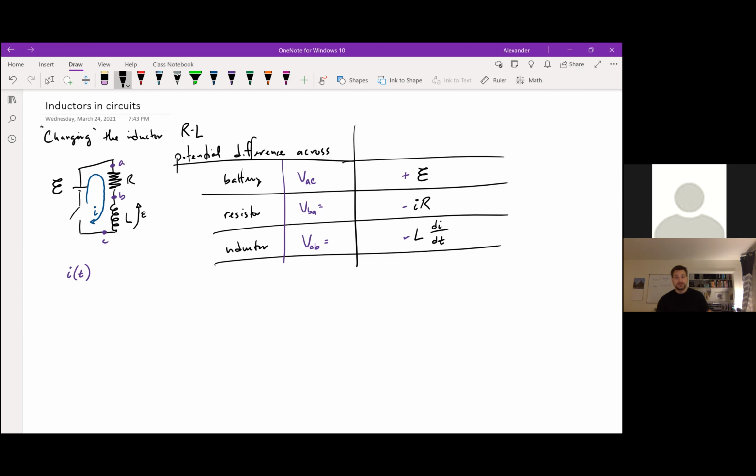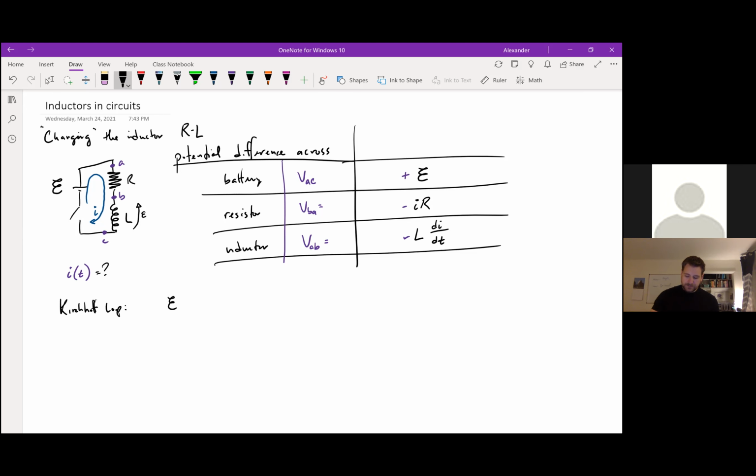Okay, so let's apply Kirchhoff's rule to this loop. Let's start at point C and go clockwise through the battery. Kirchhoff loop.